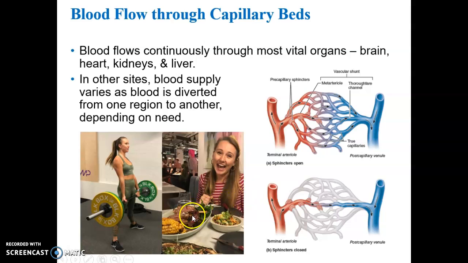But if you're digesting a meal, then the capillary beds in the stomach, the intestines, etc., fill with blood so that the digestive system is supplied and can carry nutrients away into the bloodstream as needed. So your body is doing this all the time, diverting blood to regions of need and shunting blood away from areas that don't need it at that particular time.